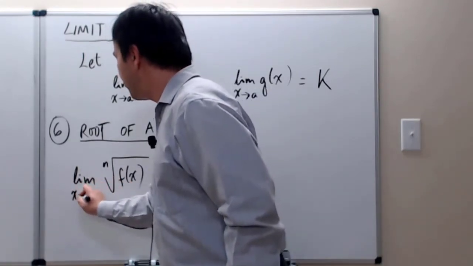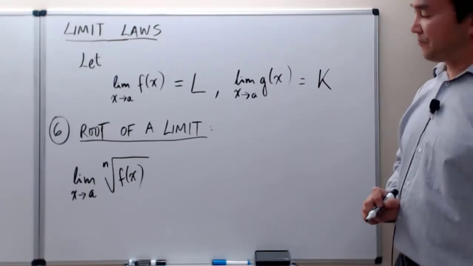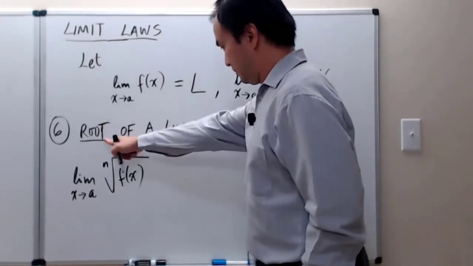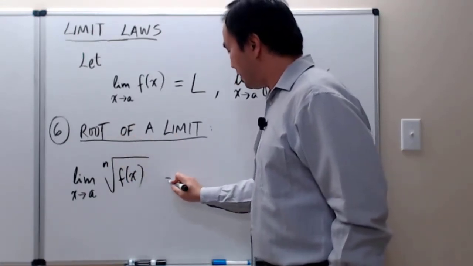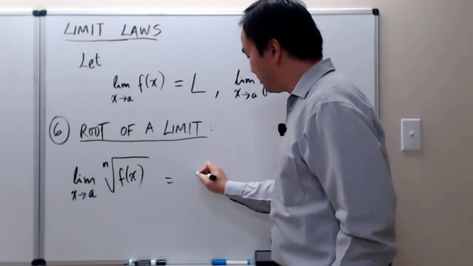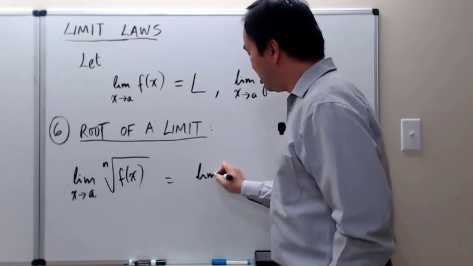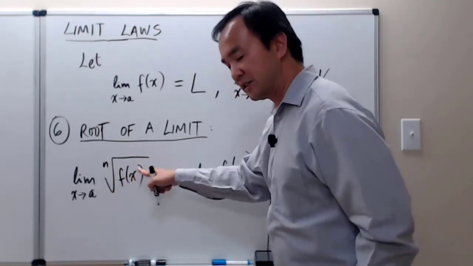And then we're asked to find a limit as we're letting x get close to a. And so this law right here, as the name is stating it, root of a limit, allows us to say, hey, let's just only worry about the individual limit inside of the root.